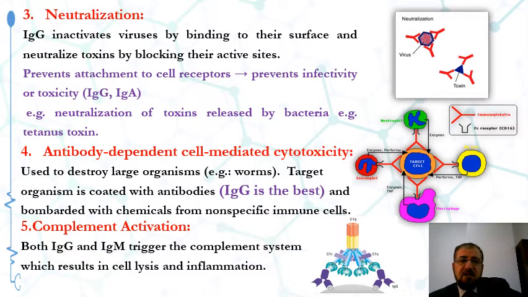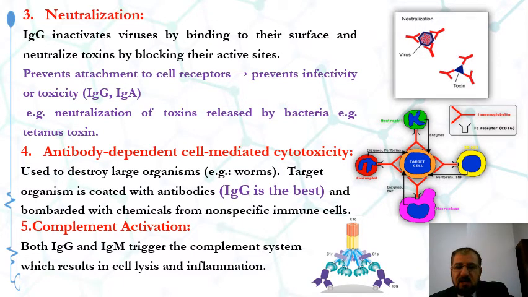The role of the IgG or IgA antibody in this case is to prevent this attachment of viruses or toxins. So they can prevent infection by viruses, and they can neutralize toxins, sometimes, for example, tetanus toxins.